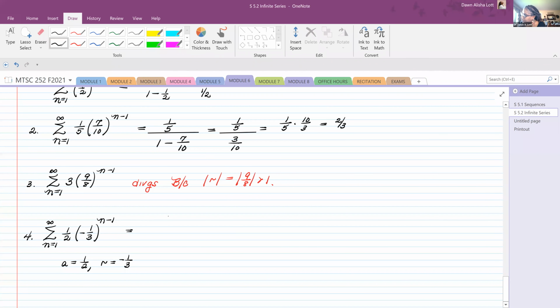So this is going to be 1/2 over 1 minus, and I have to put in negative 1/3. I hope everybody sees that. Okay, so it's negative 1/3. That's what r is. That's what goes in here.